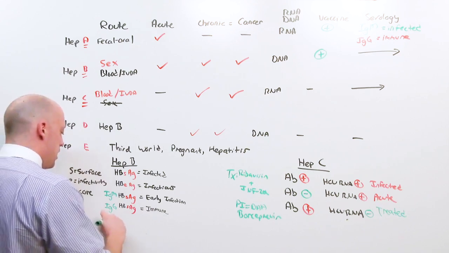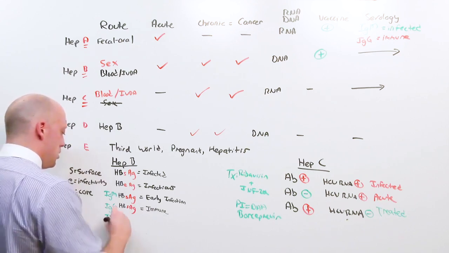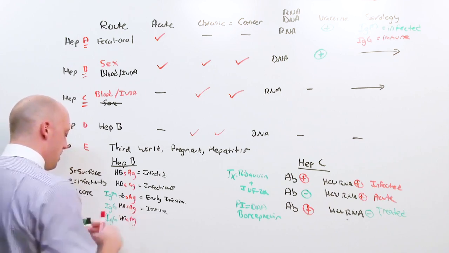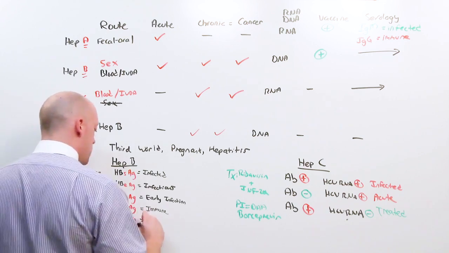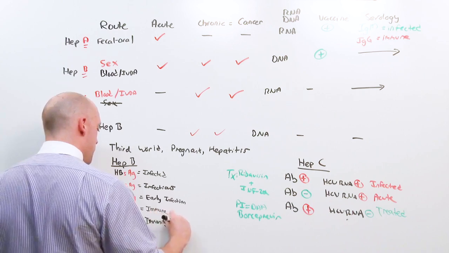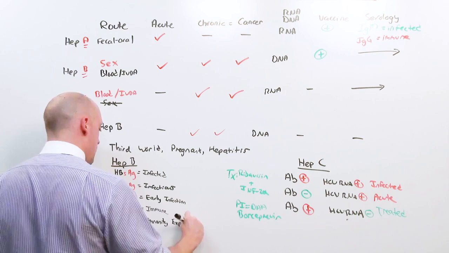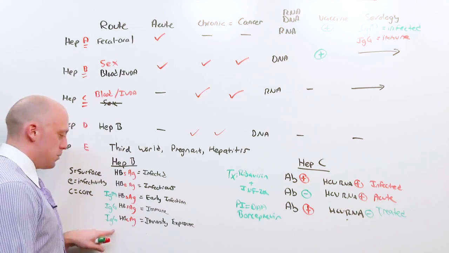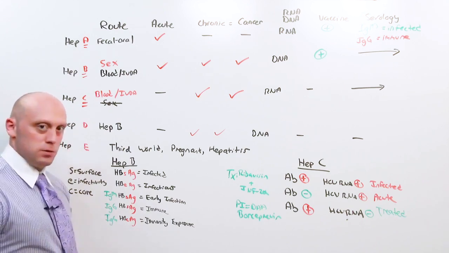If you have the antibody to the core antigen, you gathered that immunity through exposure. The only way you get the core antigen antibody is by being exposed.